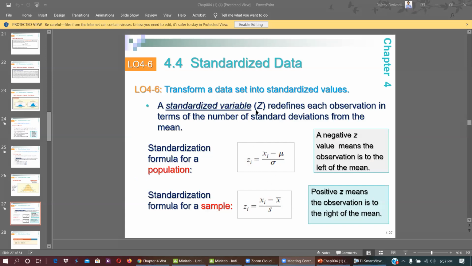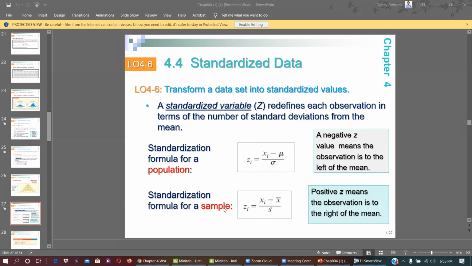Then the standardized variable, which is called Z, redefines each observation in terms of number of standard deviations from the mean. So Z value is equal to the individual value minus the population mean divided by the standard deviation.